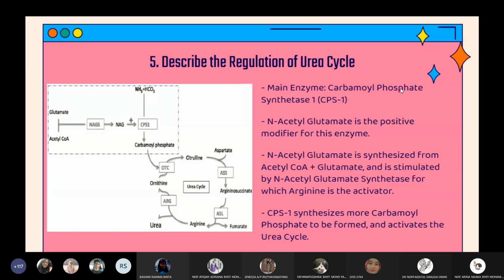N-acetylglutamate is synthesized from acetyl-CoA and glutamate, and is stimulated by N-acetylglutamate synthetase, for which arginine is the activator. Basically, when there is more protein degradation, more ammonia is produced. That means there will be an increase in glutamate. This increase stimulates CPS1 to form more carbamoyl phosphate and activates the urea cycle. So that's it from me.